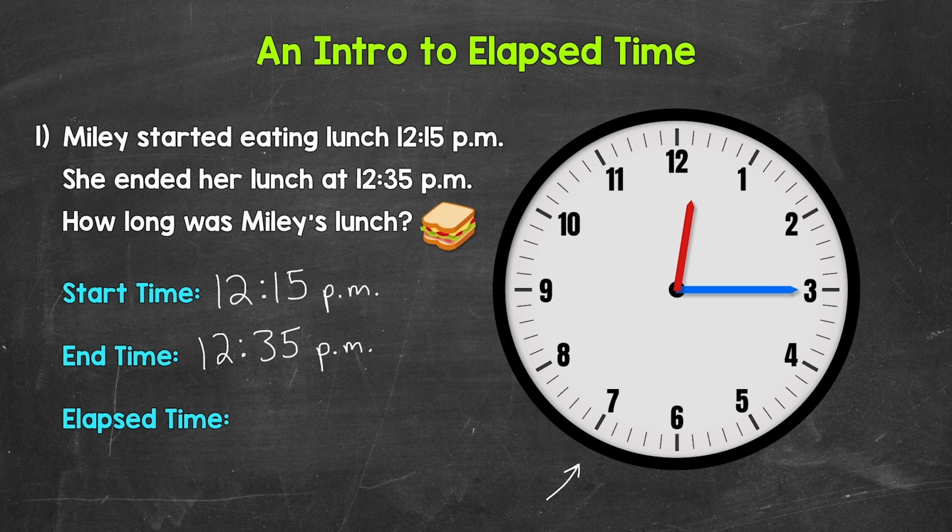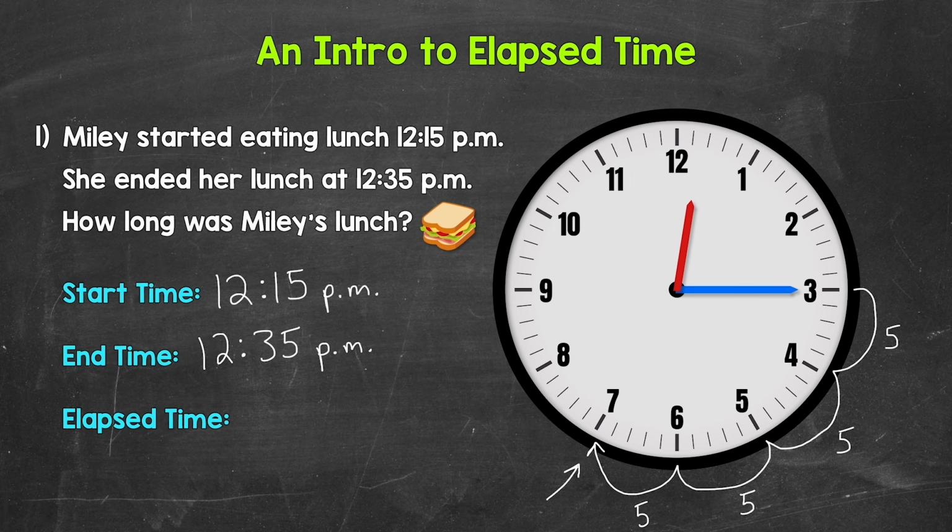One strategy we can use is to count by fives. So starting at 12:15 here, we have 5 minutes, 10 minutes, 15 minutes, and 20 minutes to get to 12:35. So 5 minutes plus 5 minutes plus 5 minutes plus 5 minutes again gives us 20 minutes.